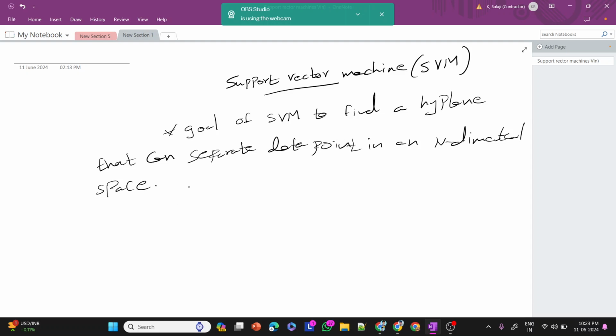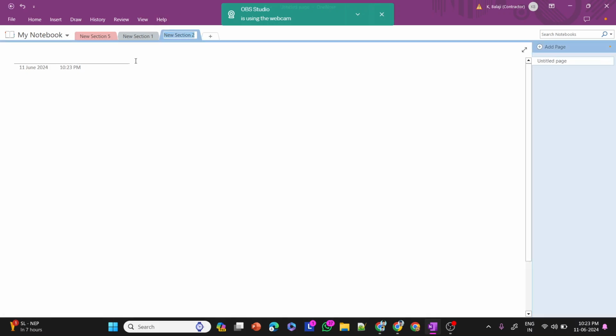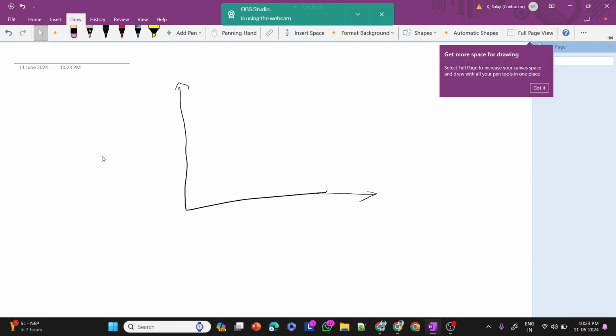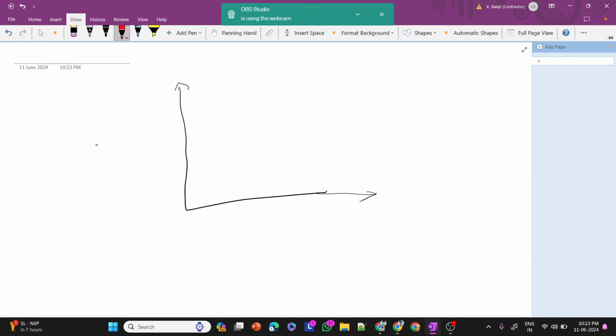Okay, we can see how this happens. Let's take a two-dimensional vector space. Here there are two types of groups.